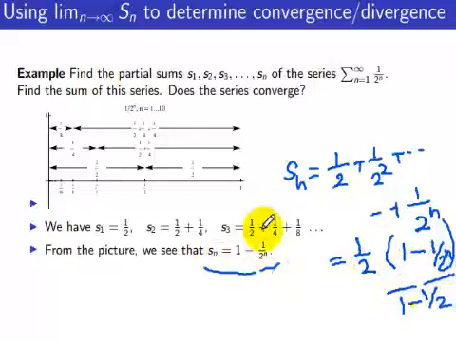So by taking limits, if you want to find the infinite sum, all you need to do is take the limit of this partial sum. So this becomes the sum of this infinite series. Your right hand side here goes to 0. Then the sum of this infinite series is equal to 1.